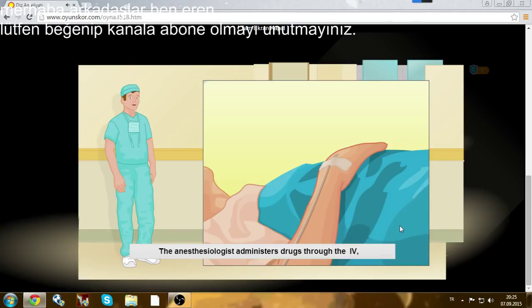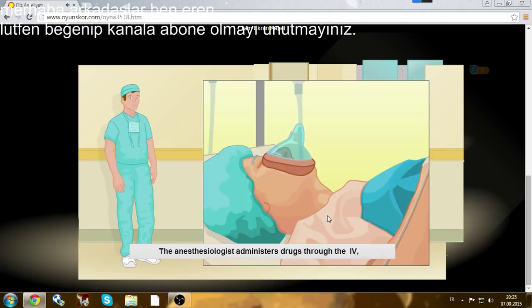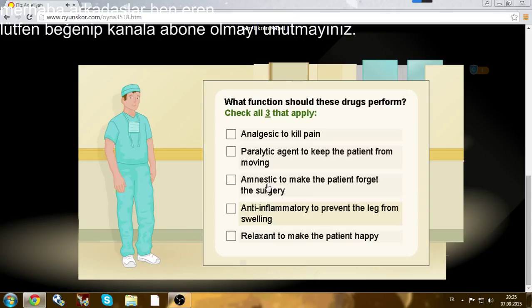The anesthesiologist administers drugs through the IV and through a mask over the patient's face. What function should these drugs perform? Good work. Fantastic. Great.